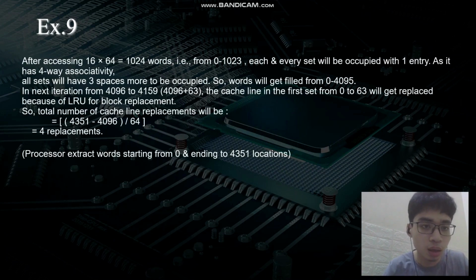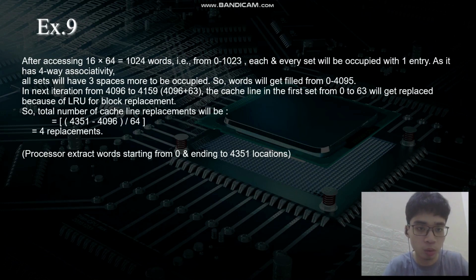After accessing 16 times 64 equals 1024 words, from 0 to 1023, each and every set will be occupied with one entry, as it has 4-way associativity.